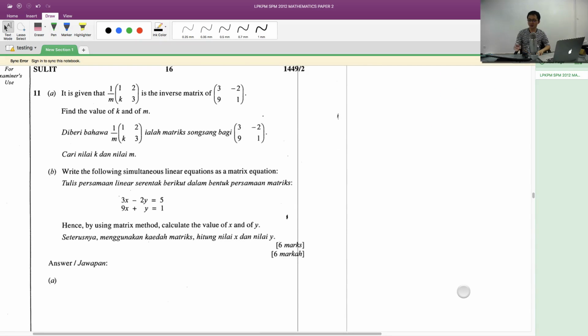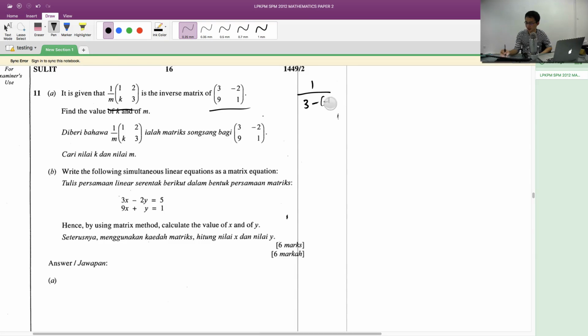Okay, matrix. It's given that this one is the inverse of this one. So find the value of k and m. It's very simple. I can straight away do the inverse for that one, because it's not a lot of marks here. 1 over AD, 3 multiply 1, minus BC.